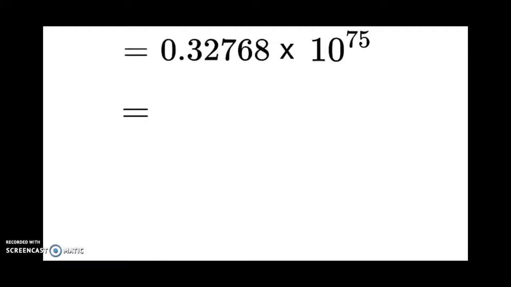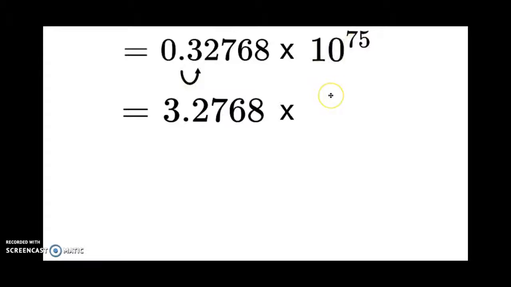Okay, so now I'm going to have to put this into scientific notation. So I need to have this number be between 1 and 10, so I can move the decimal place to the right one. So I'll have 3.2768 times, when I go to the right, I got to subtract 1, so I have 10 to the 74. So that would be my answer, so let's put that in.